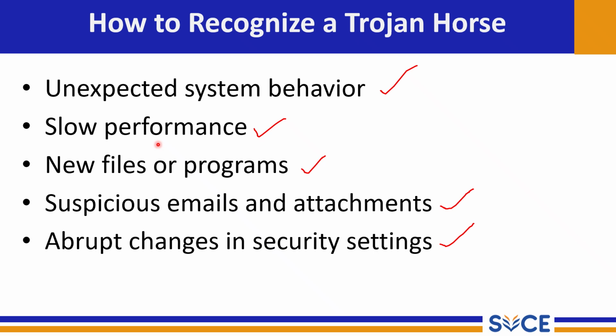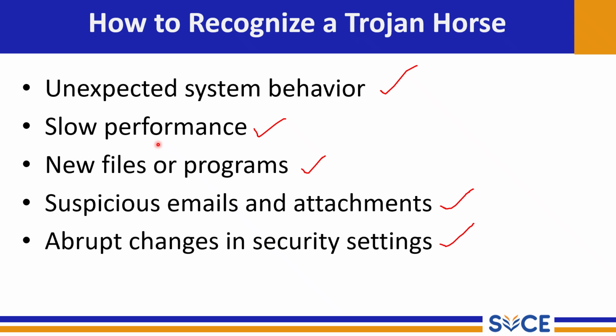Okay, and suspicious email and attachment. Be cautious when opening emails from unknown senders or unexpected attachments. These malicious attachments could contain malicious code, a program to infiltrate your system. And abrupt changes in security settings: Trojans may attempt to disable security features such as firewall and antivirus software.